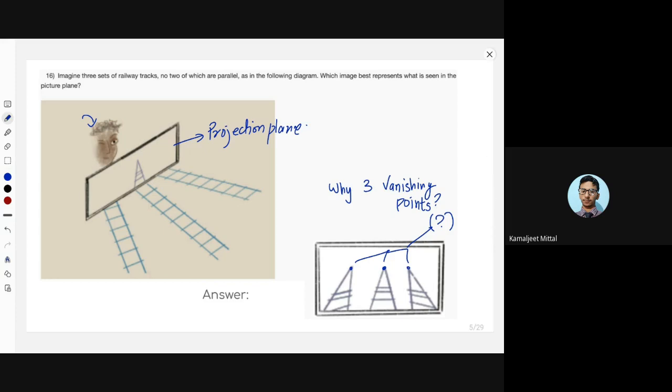And if two lines are not parallel, then they must converge to different vanishing points. That's what you are using here. So is everyone able to follow this explanation of vanishing points? And the answer is, let me write it in a different color, non-parallel lines. So that's the explanation for this.